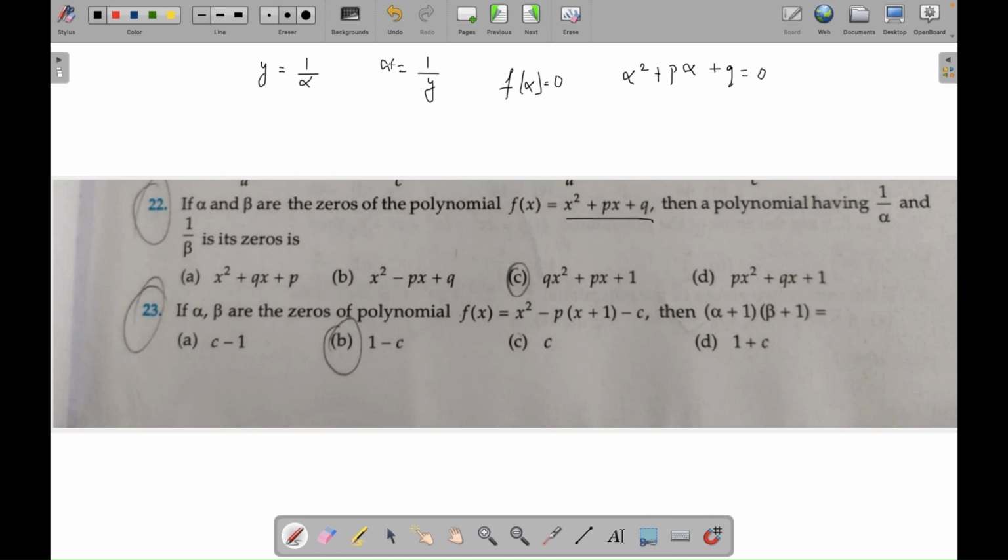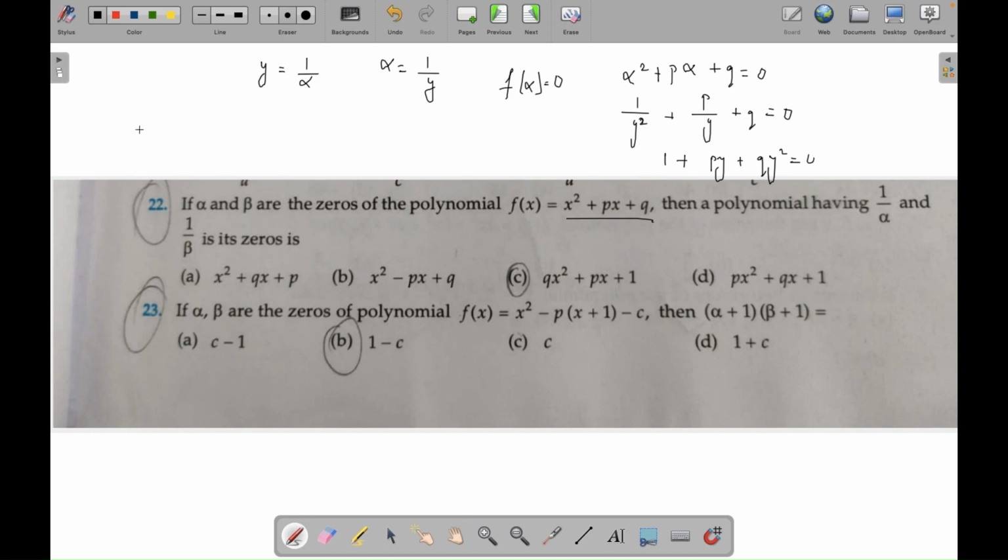Now I also know that alpha is 1 upon y, so I'll substitute 1 upon y here. So 1 upon y square plus p upon y plus q equals 0. Now I'll multiply both sides by y square to make sure the variable is not in the denominator. So I'll get 1 plus py plus qy square is equal to 0.